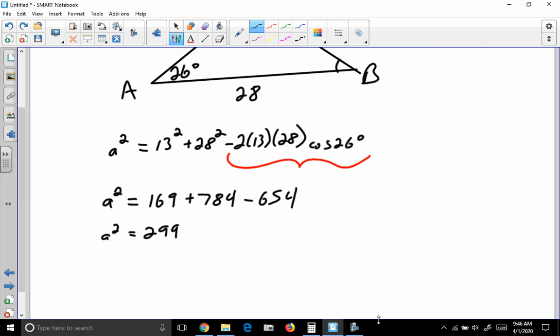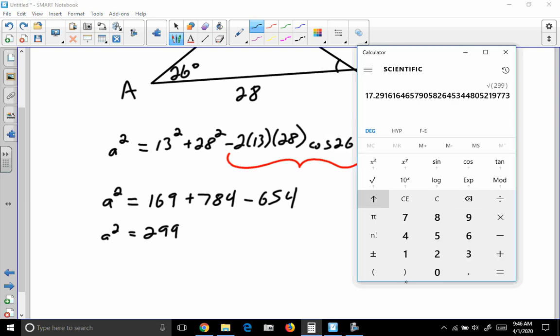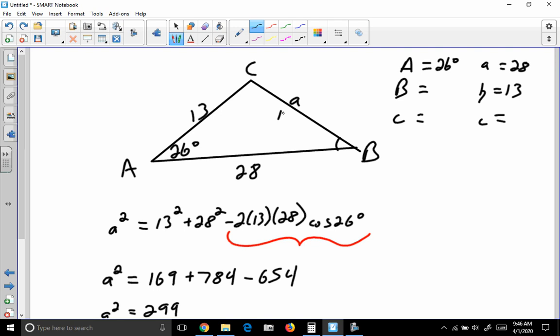So A is the square root of that. So about 17.3. Did I say A? Oh, I wrote this 28 in the wrong place. That is C. So A is 17.3.